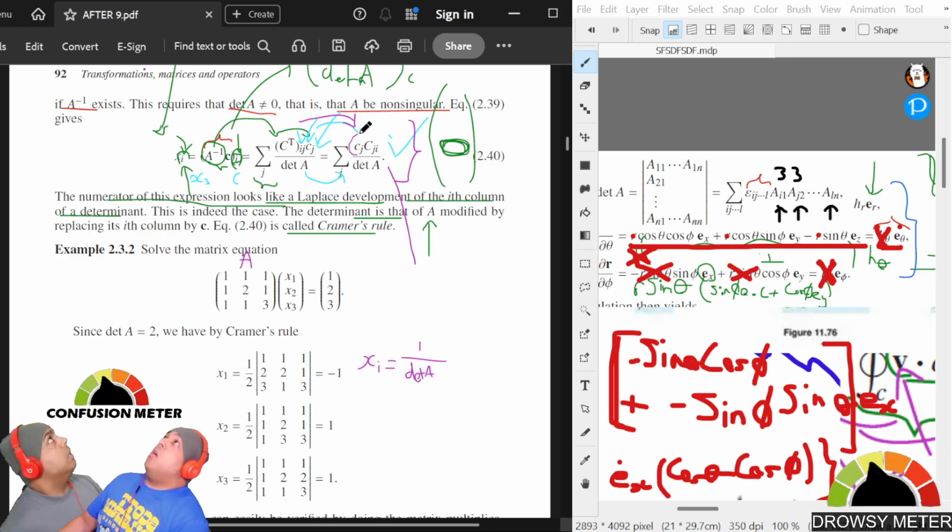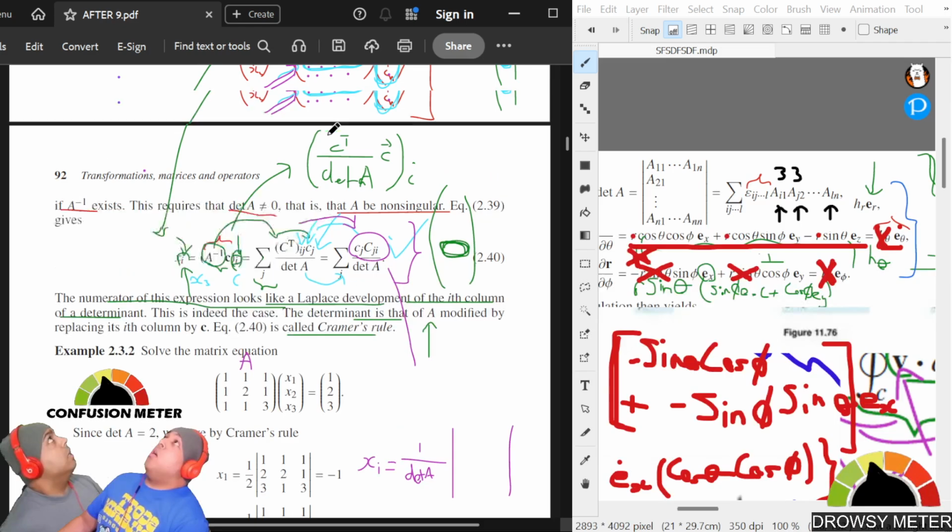and apparently this is a determinant of CJI. Wait, something happened there.